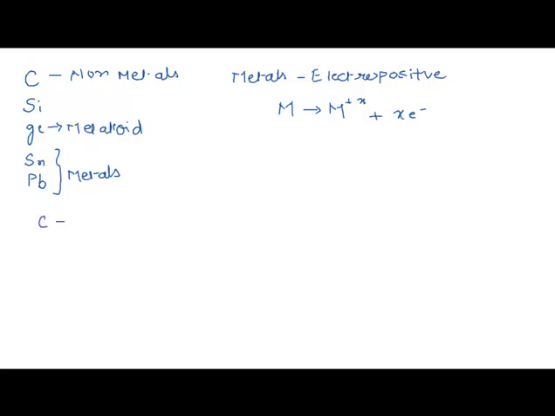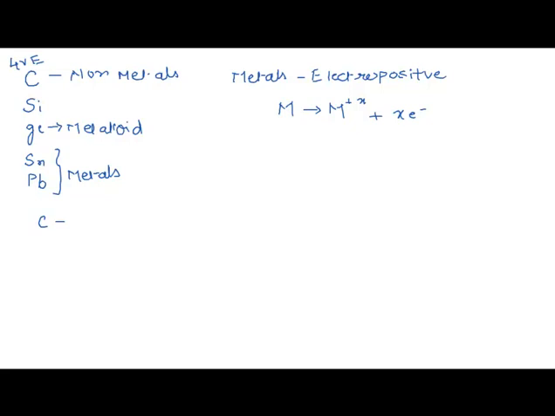So carbon has how many electrons in its outermost orbit? 4. Rather, this whole group has how many valence electrons? 4 valence electrons.